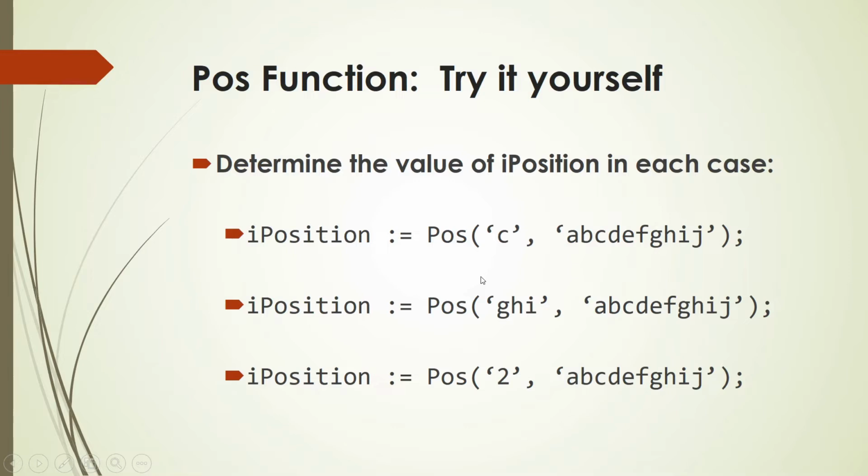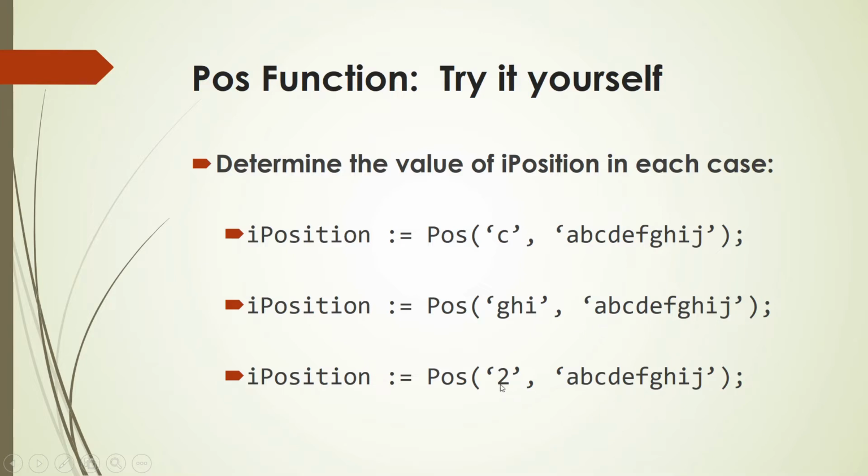I would like you to try this for yourself. So get out a page and a pen and try and evaluate what the value of ipos will be in each case. Here we're using pos to find the position of the letter C in the string literal. Here we're finding a substring, the position of the substring in the string literal.